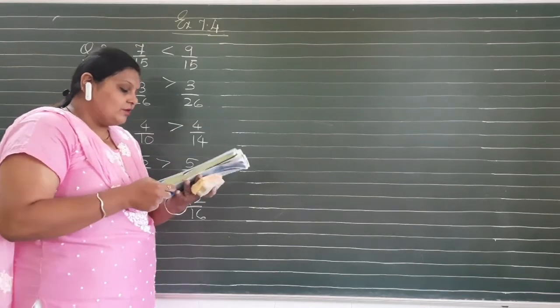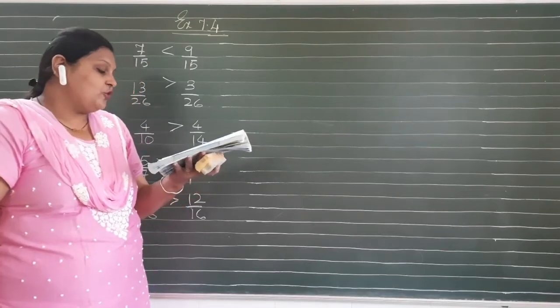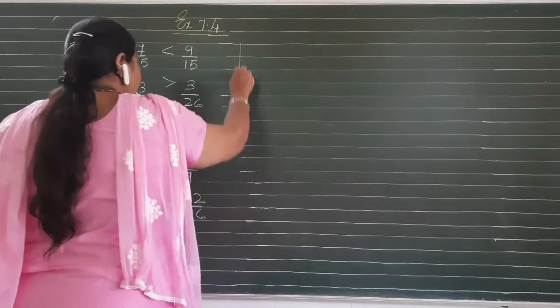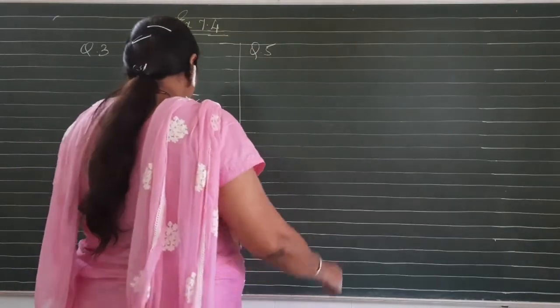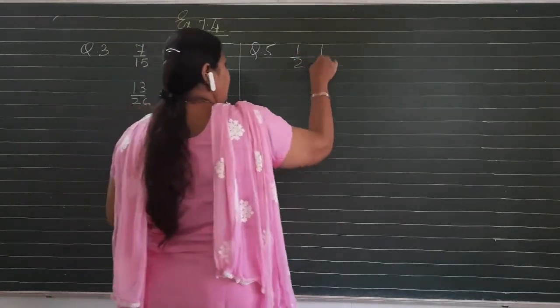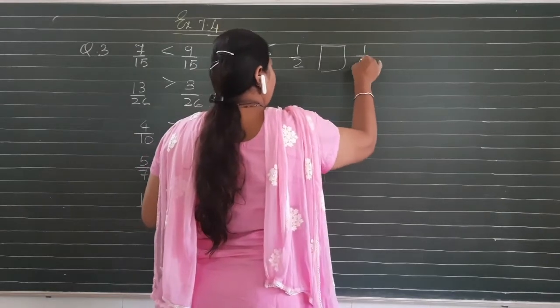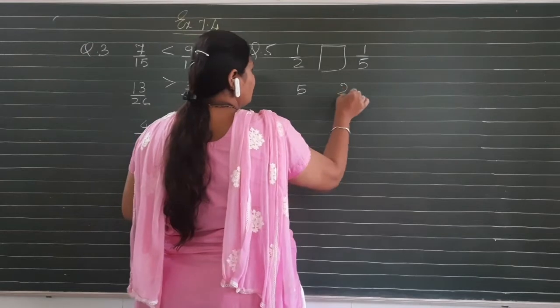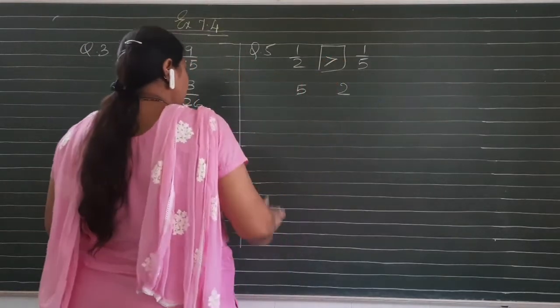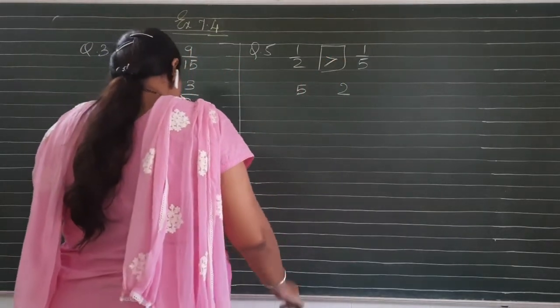Now question number 5. How quickly can we do this? It means we have to put an appropriate sign. So 1 upon 2 and 1 upon 5. If we do cross multiplication, 5 and 2, so 5 is greater. So this number is greater.